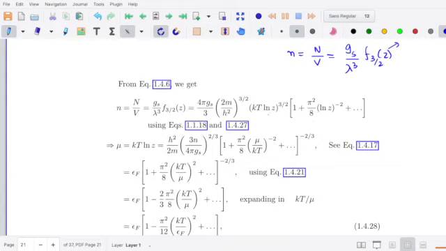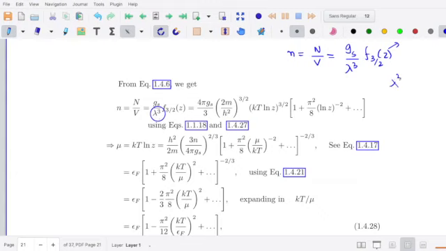Remember, the first term is, once we have taken out this kT log z to the power 3/2 factor. By the way, this kT comes in with log z because we have substituted for lambda cubed.